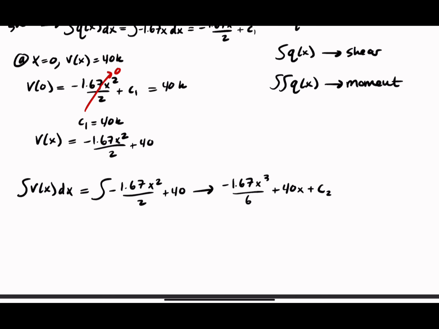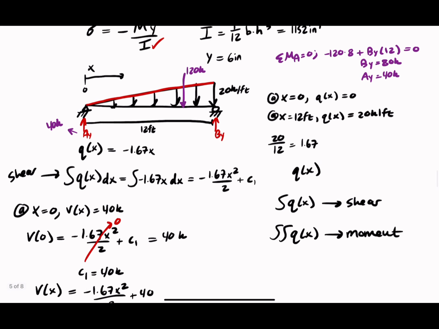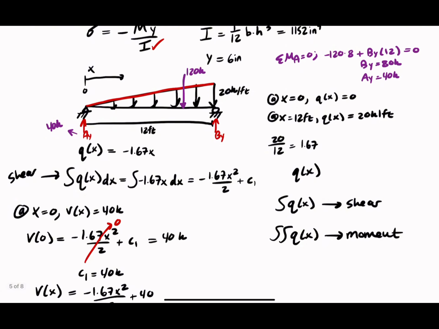So now we have to think about, what do we know about the moment, right? Well, if we look back at our free body diagram with our reactions, our pin isn't really giving us any moment resistance there. So the moment is going to be 0 at that pin.